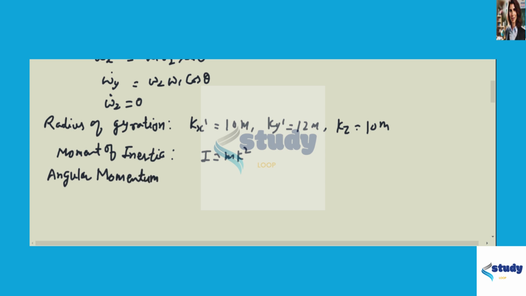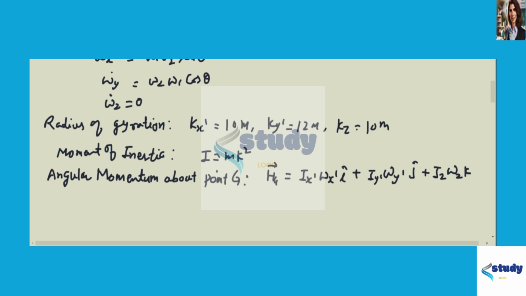Angular momentum about point G is I x dash omega x dash i cap plus I y dash omega y dash j cap plus I z omega z k cap.